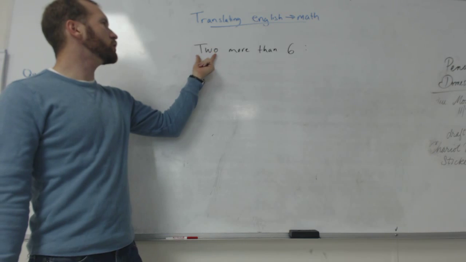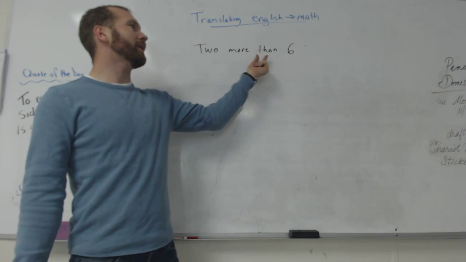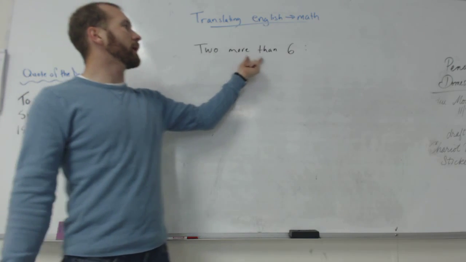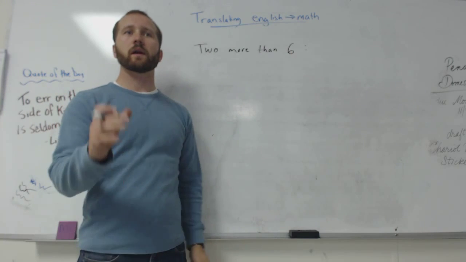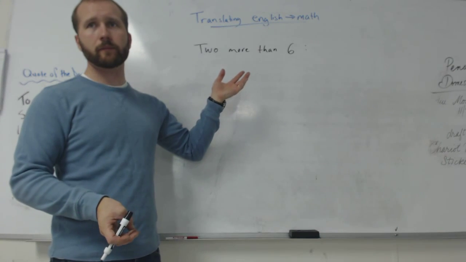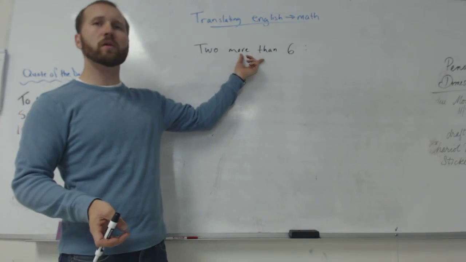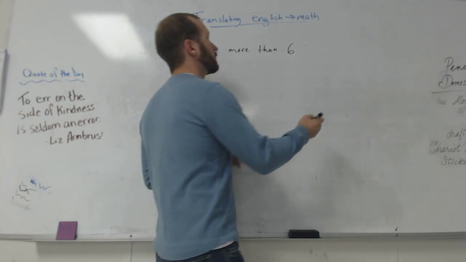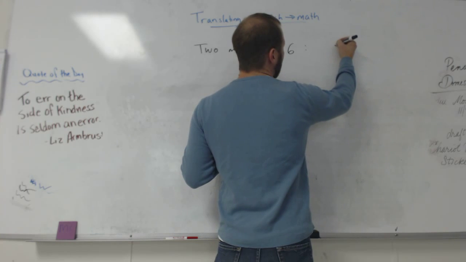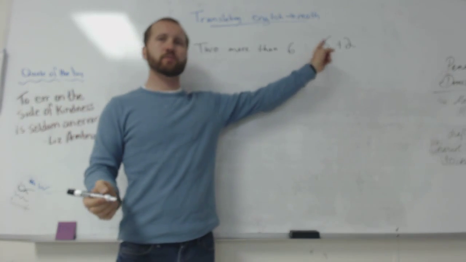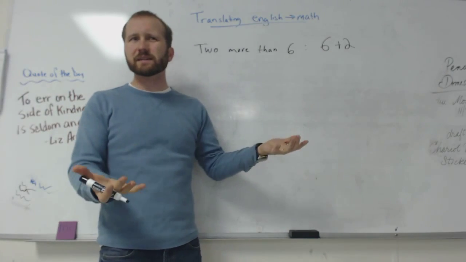So first, "2 more than" is our first chunk. What do I write for that? Super close. I could write 2 plus 6. It wouldn't change it. But really, when I see "more than," where do I want to write the plus 2? To the right, so 6 plus 2. So 2 more than 6 is 6 plus 2. 2 plus 6 is the same thing.